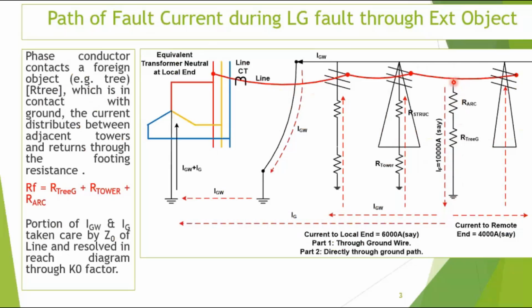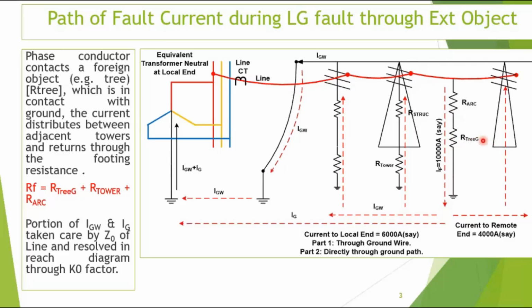This is coming in very close vicinity with a conductor, and the arc is passing, and there's a flashover between the conductor and the tree. So the resistance involved is arc resistance between the conductor and the tree. Then the tree resistance, the charge passes to the ground via the resistance of the tree.